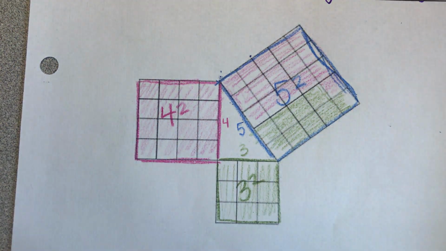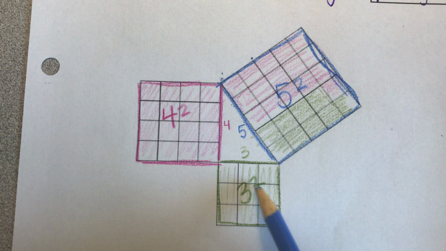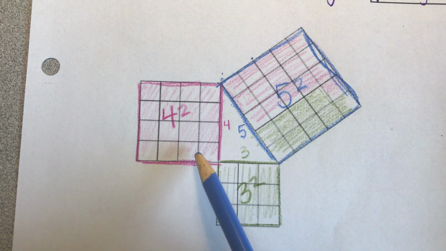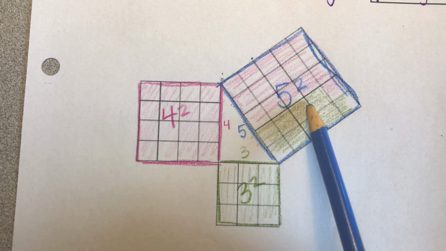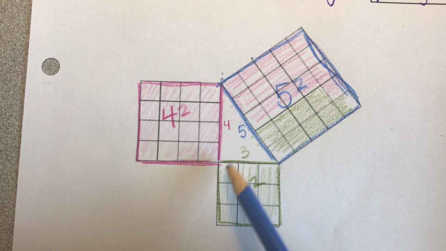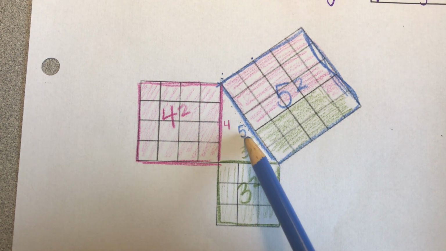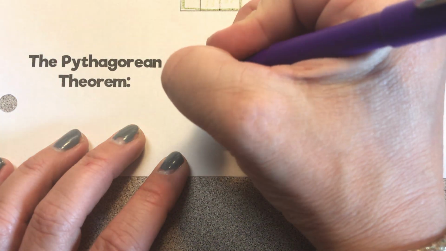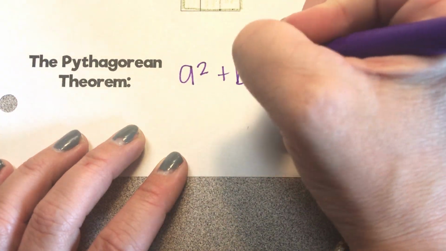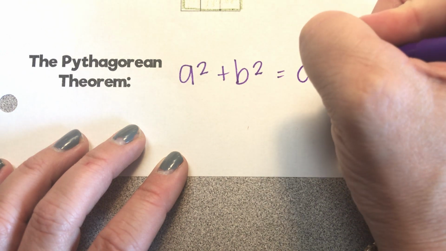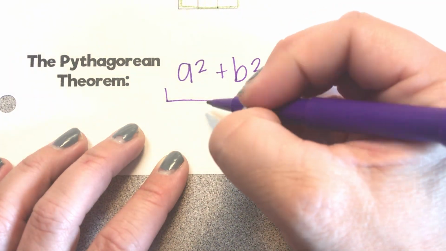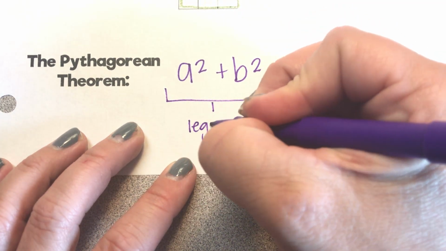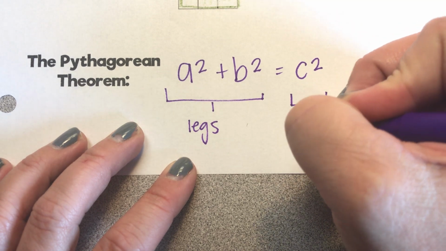Okay, so every single time, if you take the sides and you square them, and you add them together, every time it will equal the square of the hypotenuse. So written out as a formula, it is a squared plus b squared equals c squared, where a and b are the legs, and c is the hypotenuse.